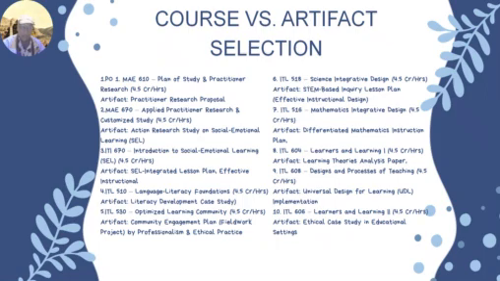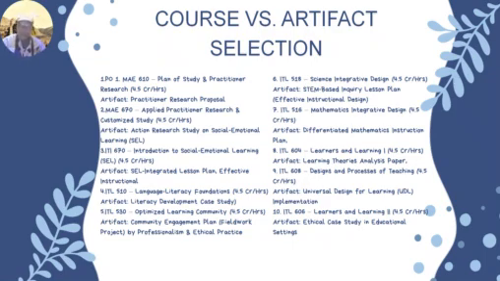The artifact of that class was the Literacy Development Case Study. For 530, the artifact was optimizing learning community activity as a project by performing ethical practices in community involvement.